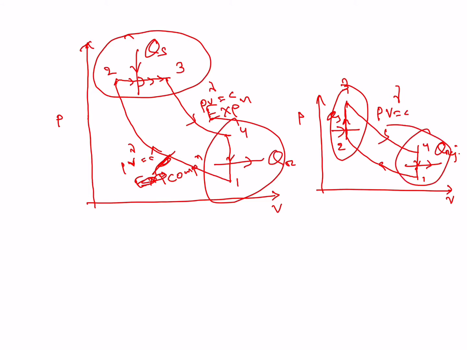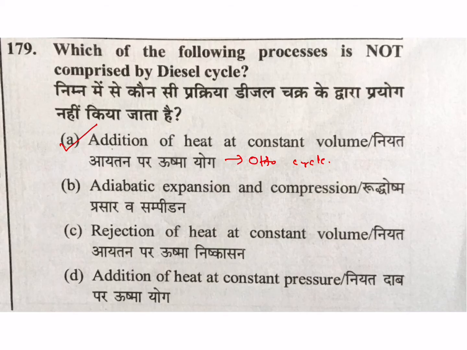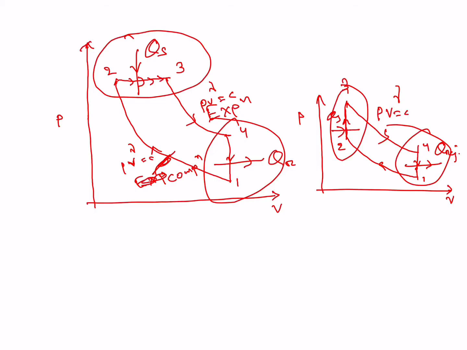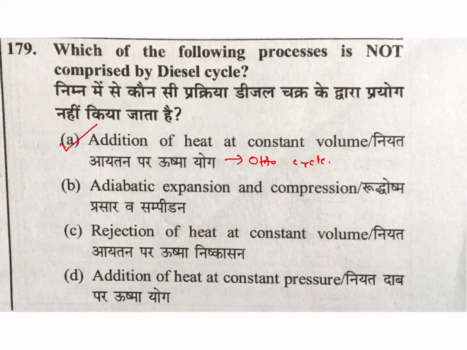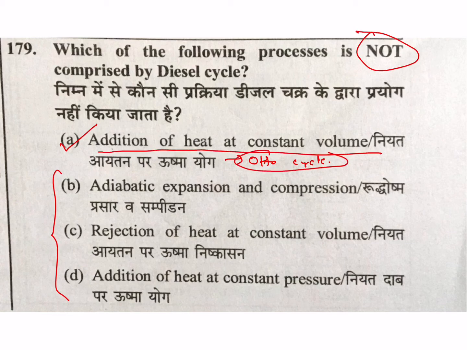In the Otto cycle also it's a constant volume process. Addition of heat at constant pressure: diesel cycle. So B, C, D are all processes comprised by the diesel cycle. Addition of heat at constant volume is in the Otto cycle. So A is the correct answer.